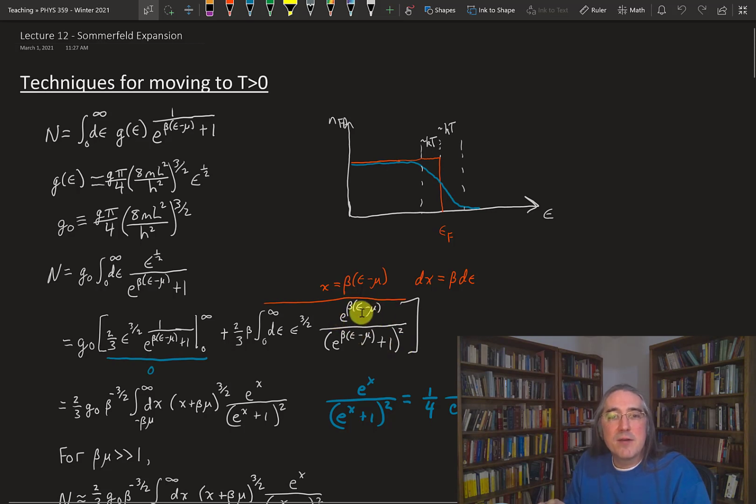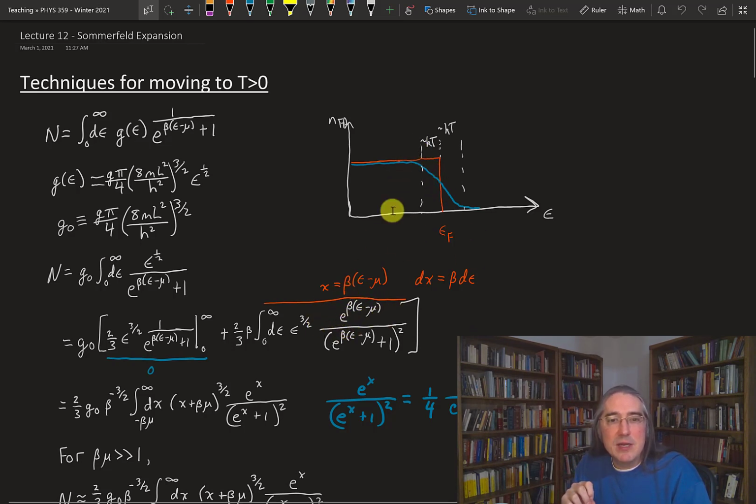So we're going to have the ability now to expand in 1 over beta mu. For low temperature, beta is big, which means beta mu could be big. 1 over beta mu will be small. Okay. So that's what we're looking at.